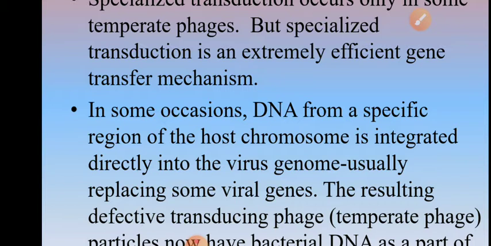That means the nucleic acid of the virus is integrated inside the chromosome of the bacterial host. Such phages which exist in prophage condition are called temperate phages, and temperate phages show specialized transduction.